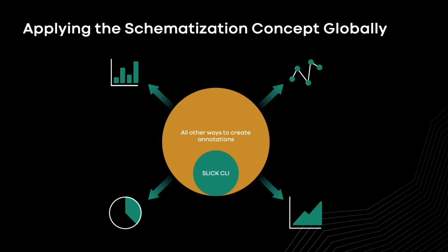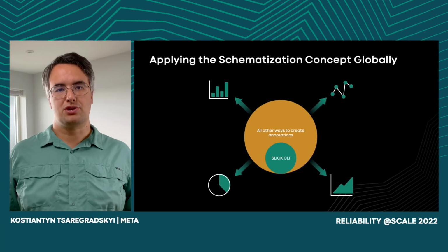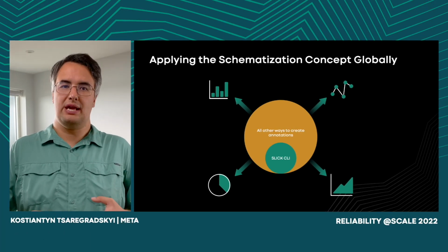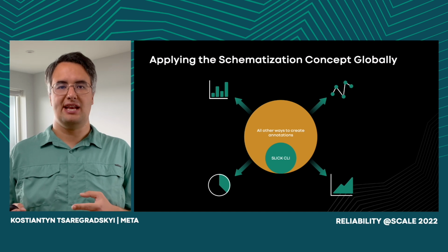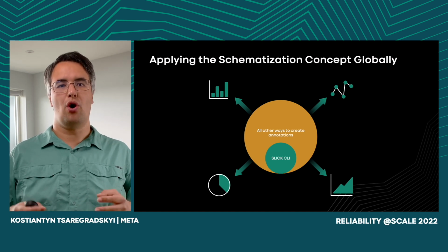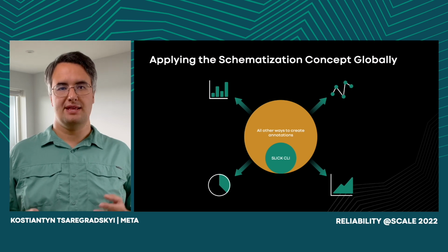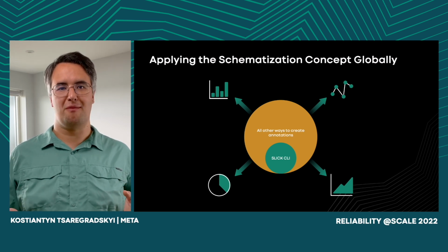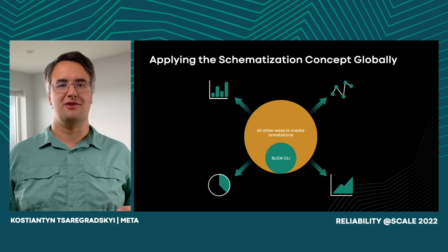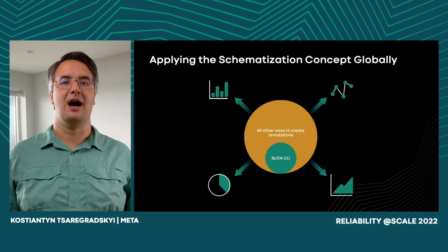We could build an analytics UI that could allow teams to better understand their SLO violations and highlight the main issues. In order to start doing that, however, we needed to expand this idea of schematized annotations to all other ways in which people are creating them. In the next couple of minutes, I'll cover a couple of those tools, and then I'll get back to the Insights UI that we have built.